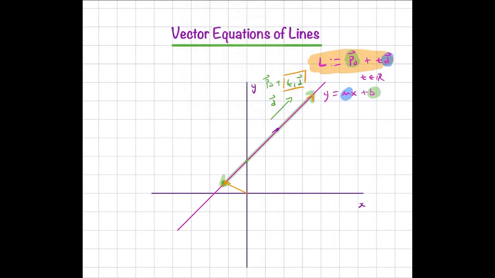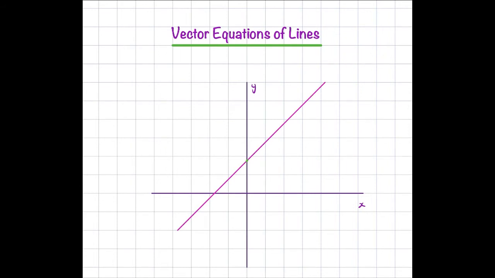How do we go back and forth between the vector equation of a line and, say, the slope y-intercept form of the line? We'll start out with one and get to the other, and that will let us look at the actual components of the vector, as well as the parametric equations, where we get a little bit more granularity there.